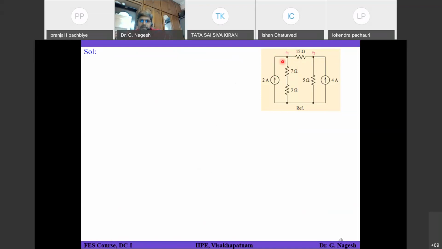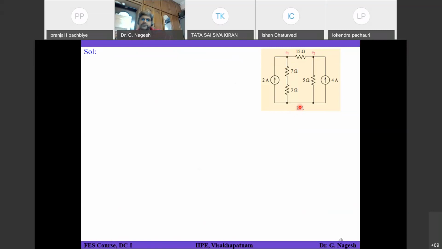Apply nodal analysis at node 1 and you will get one equation, and apply it at node 2 and you will get one more equation. The two equations will consist of V1 and V2, so there will be two unknowns and two equations, and you should be able to solve for V1 and V2.